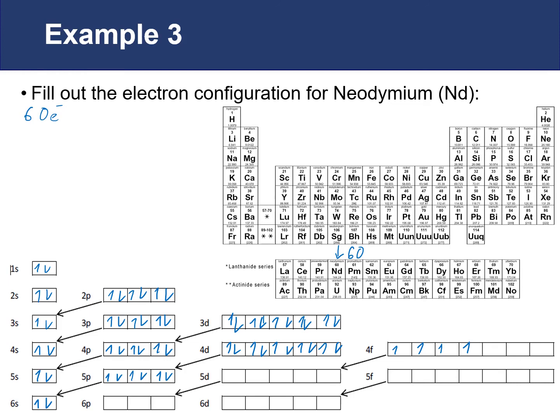So our electron configuration for neodymium would be 1s2, 2s2, 2p6, 3s2, 3p6, 4s2, 3d10, 4p6, and then I'm going to have to continue on the next line. 5s2, 4d10, 5p6, 6s2, and then the last one is 4f4.